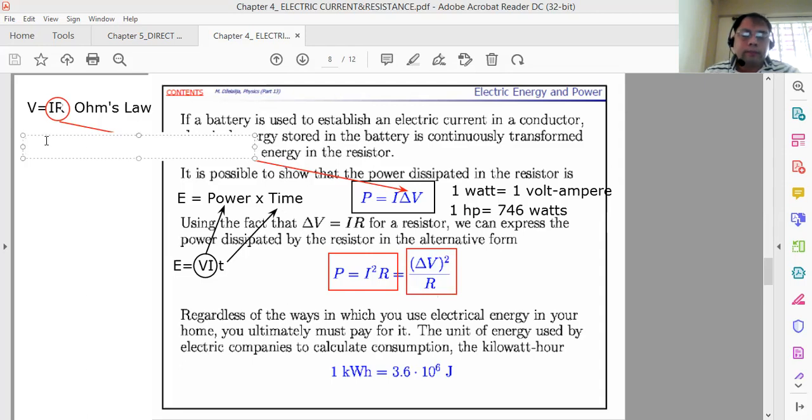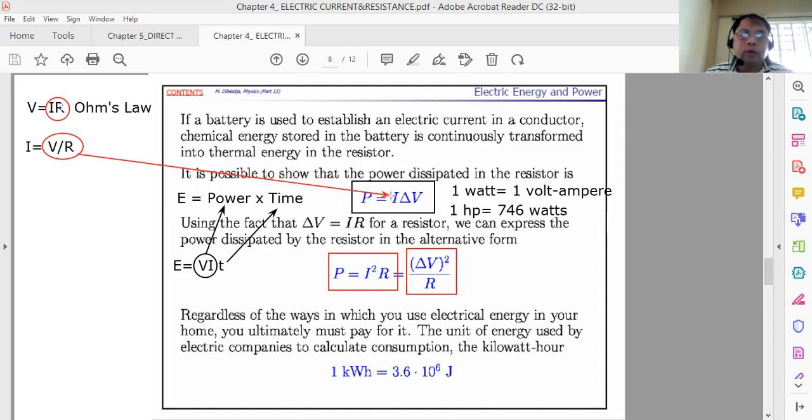Or you can get this other equation if instead of substituting IR, you get the value of current, which is V divided by R. So instead of simply replacing our voltage there, what if we change instead the value of I?